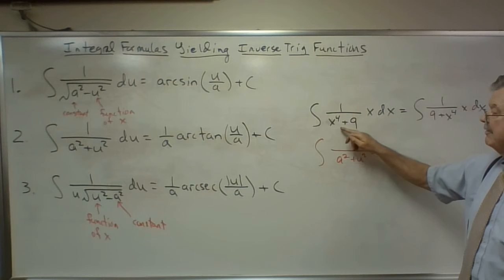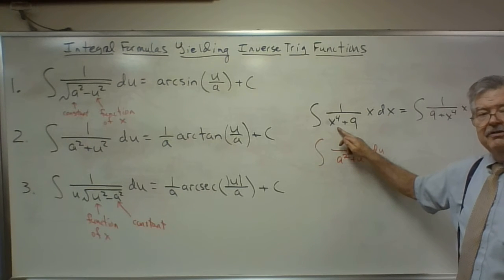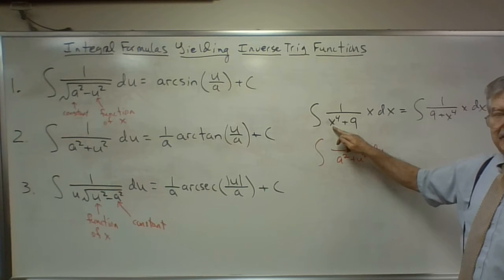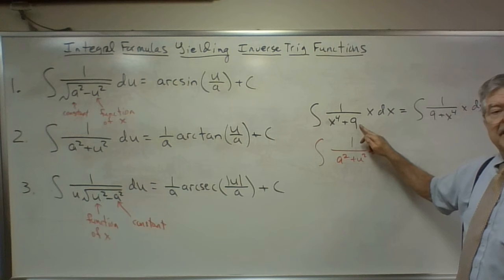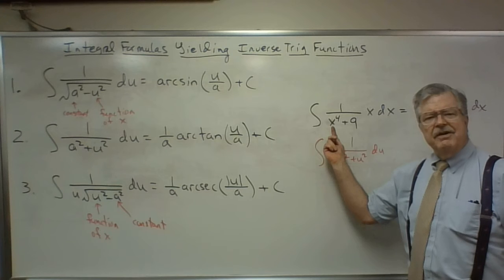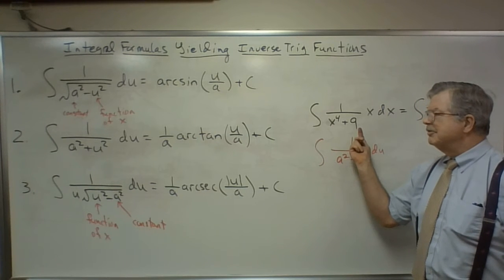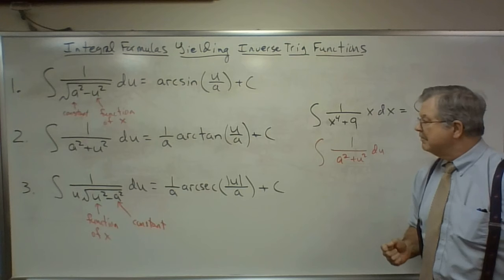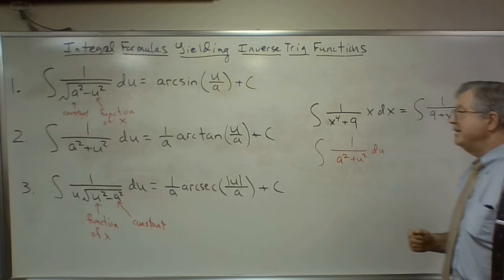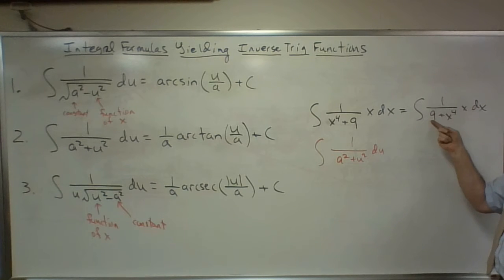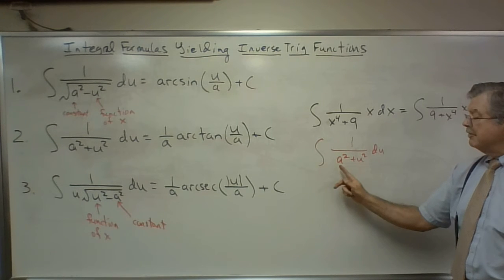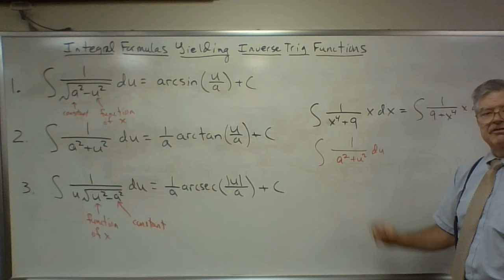So if we have the sum of two things in the denominator, we can call the function u squared, we can call the constant a squared, even if the function comes first and the constant comes last, because addition is commutative. X to the fourth plus 9, exactly the same thing as 9 plus x to the fourth. And that does fit this form, 1 over constant squared plus function of x squared.